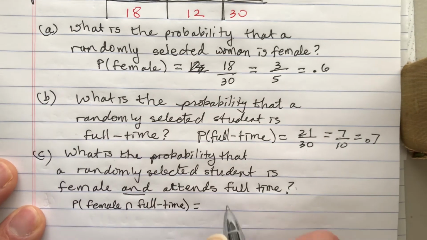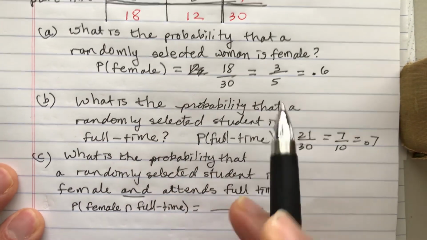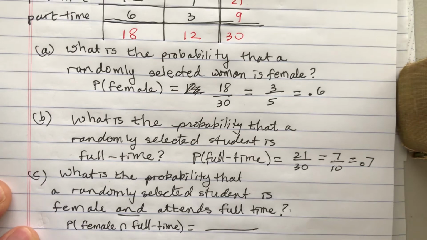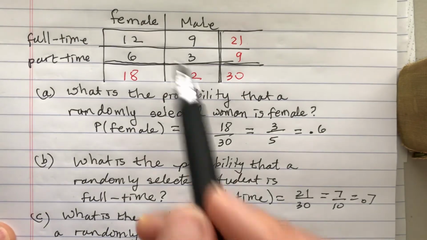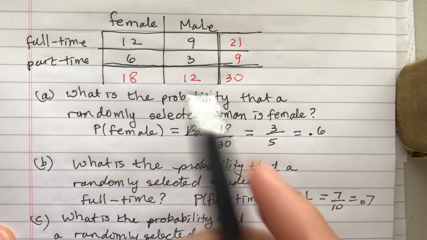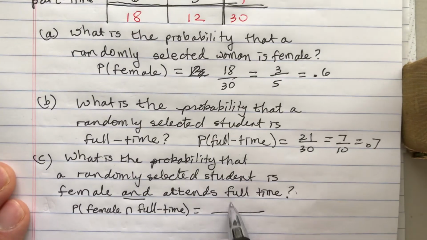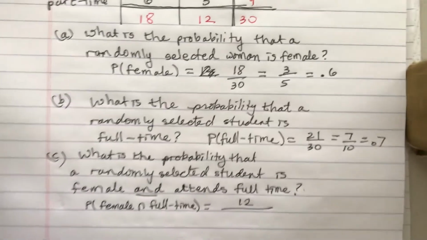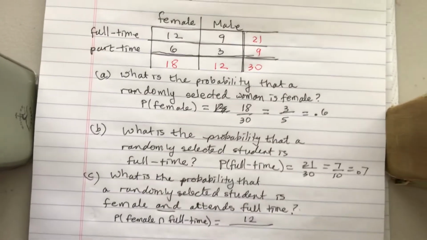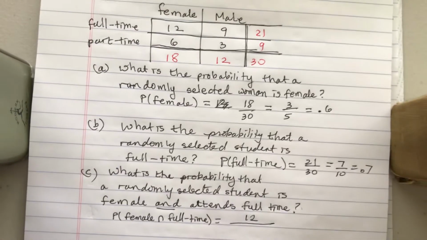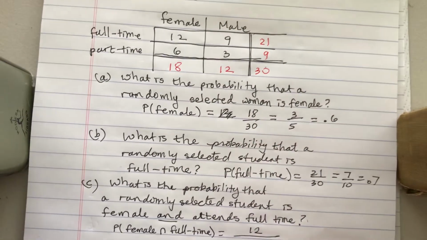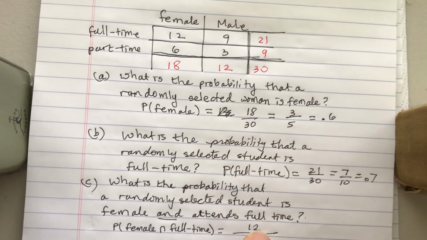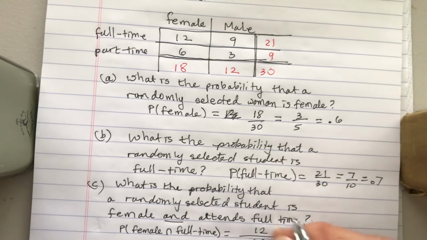So this is going to be the number of female and full-time. All right, it's a little bit hard to see both in this chart. Female and full-time is 12, so I'm going to put 12 up over here. Maybe I'll zoom out a little bit. Female and full-time is 12, and in total there are 30 students. So there's 12 that are both female and full-time divided by 30.